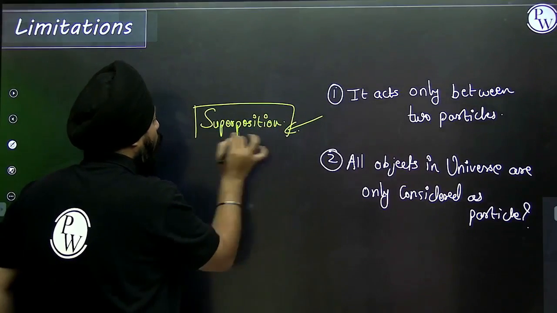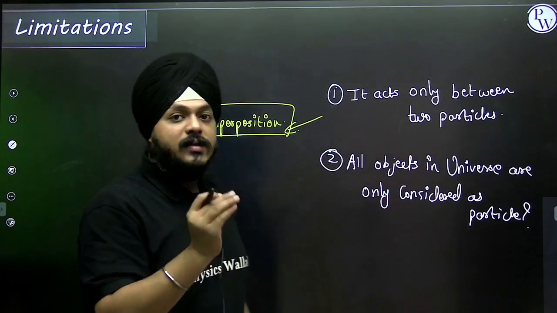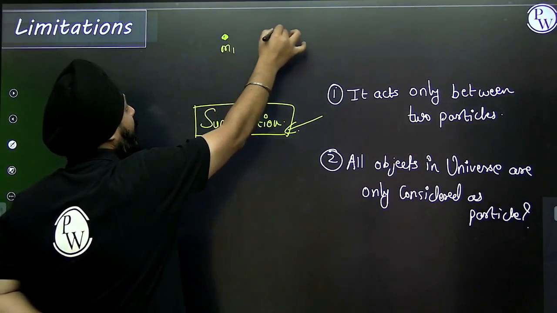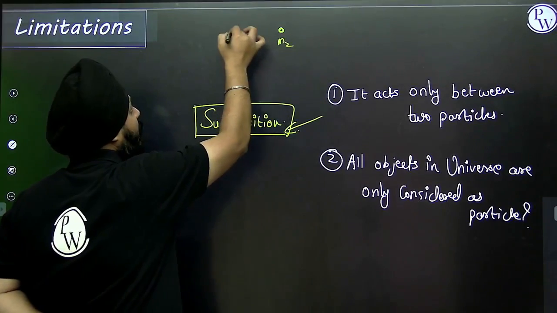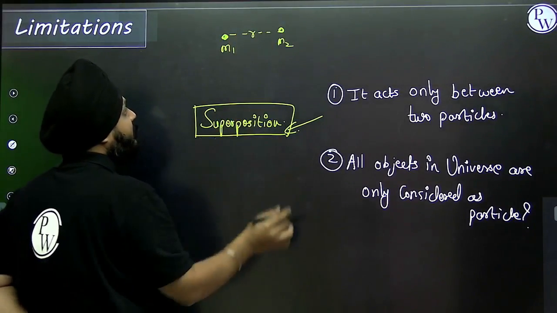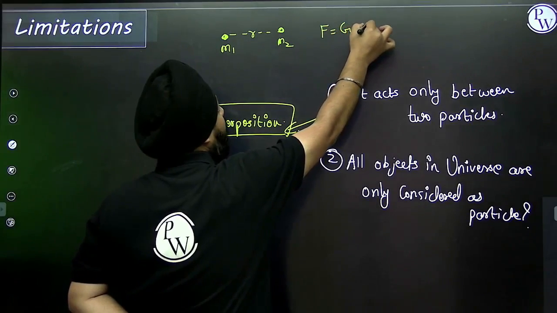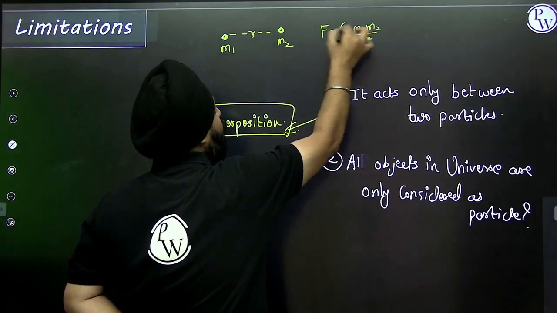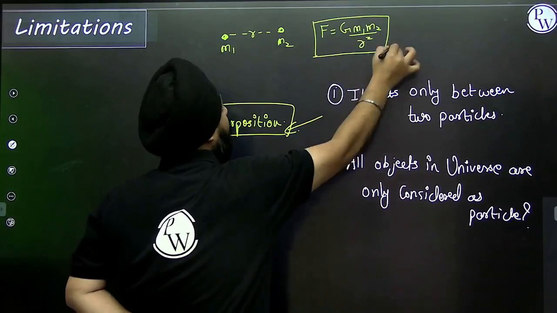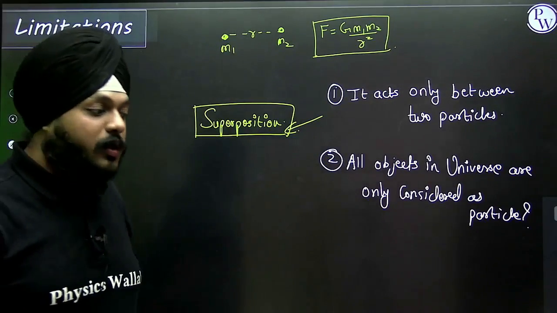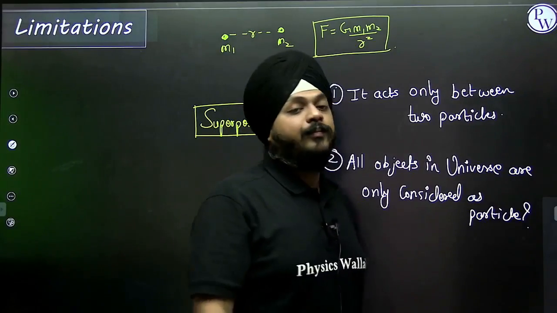Newton's law of gravitation states that this is a particle of mass m1, this is a particle of mass m2, separated by distance r. The force acting between them is directly proportional to the product of their masses and inversely proportional to the square of the distance between them.